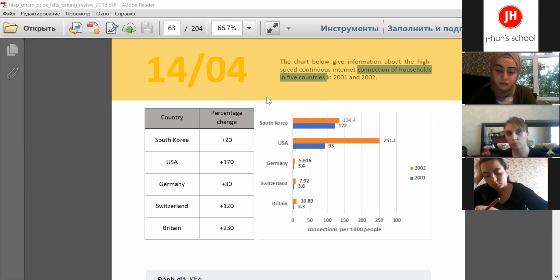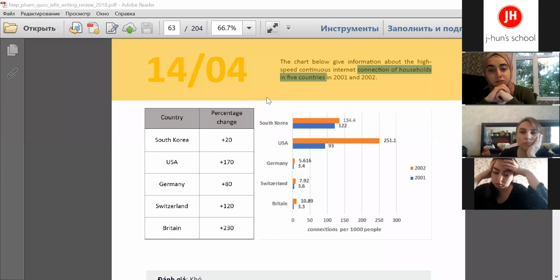So you can say it like that: while South Korea and USA exceeded the others in terms of connection numbers, Germany remained the lowest. Obviously, Britain reported the highest disparity, or the highest percentage change, in comparison with the other countries in the survey.